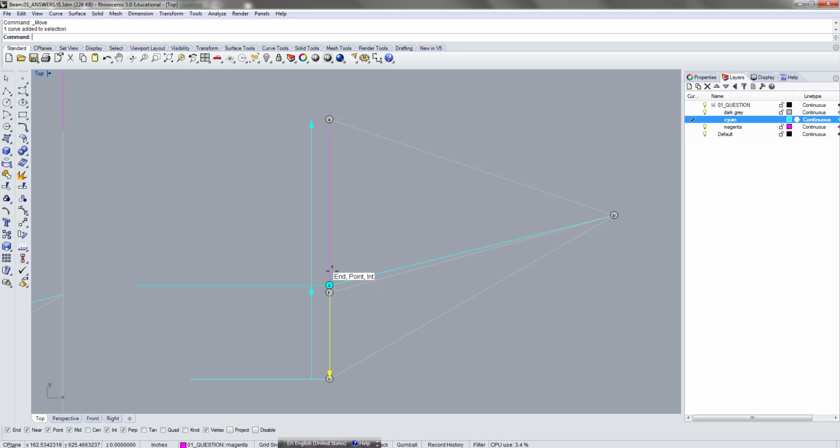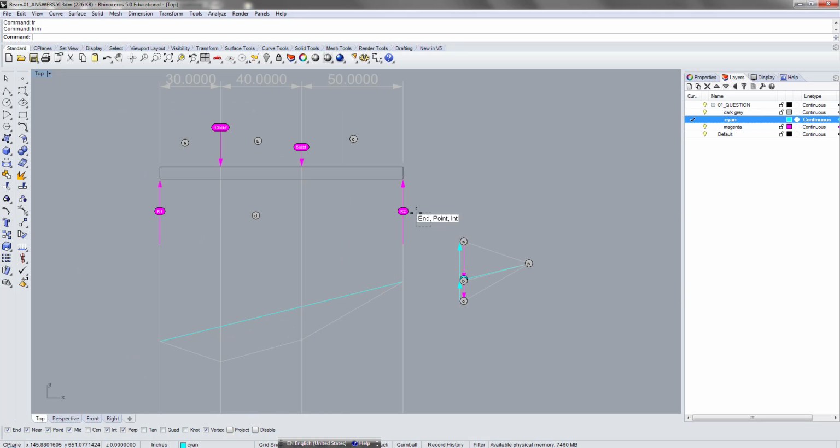And again, the combined lengths should be exactly the same because they're in equilibrium. But then those two are the reactions.